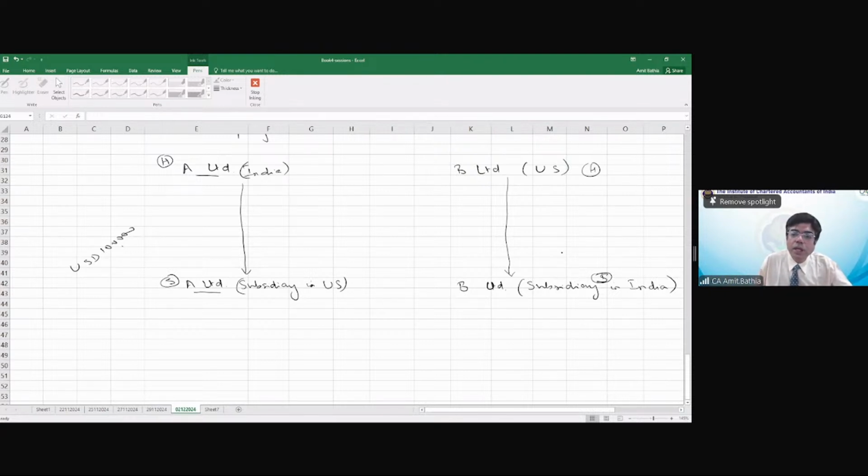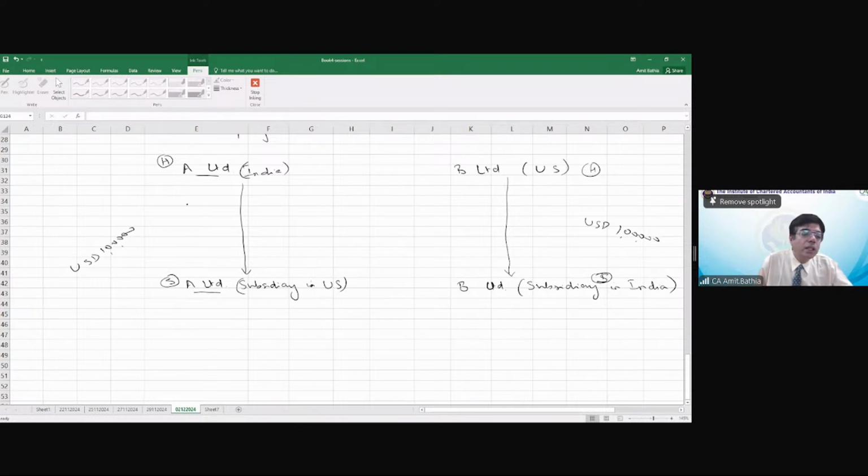Similarly, even B Limited wants to provide some USD 100,000. Right now, I'm taking the example in the same currency, just for you to understand that both of them are in need of providing certain amount of finance to their respective subsidiaries.